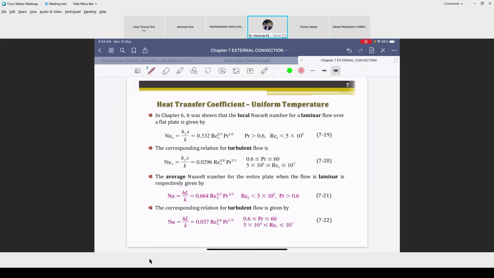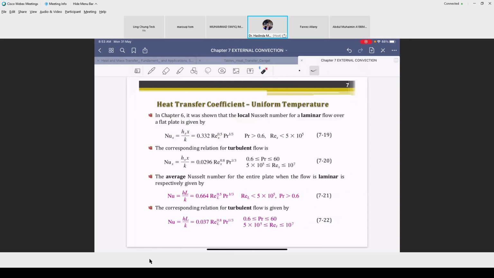Okay, if you see here, based on this slide, can you see local Nusselt number for a laminar flow over a flat plate? Can you see the symbol here, Nusselt subscript X? This means you are considering a specific location of your flat plate.